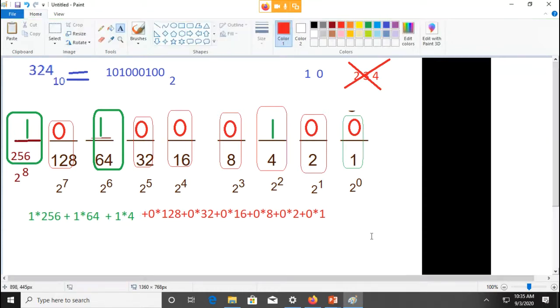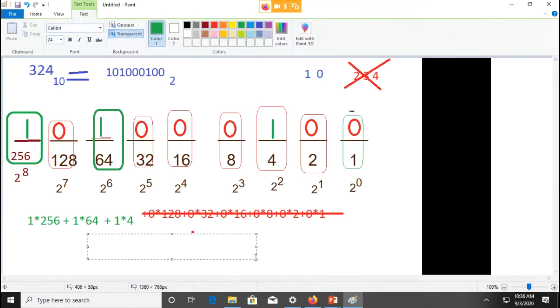We're going to take all this and add it all up, but of course this is all just 0 here. So we're really just adding the values that have 1s associated with them.